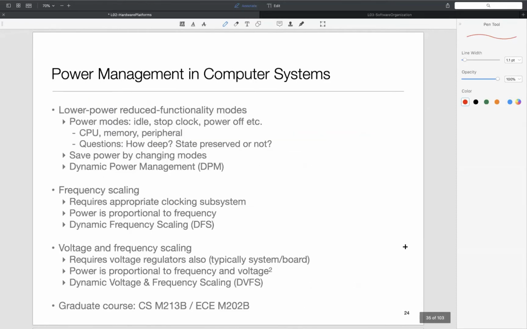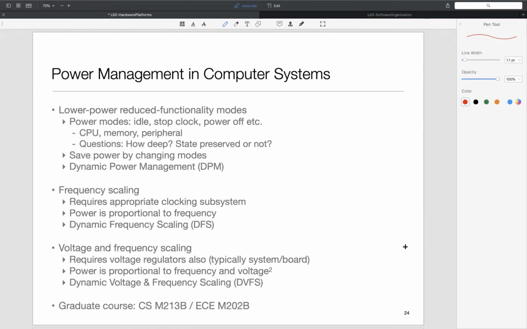And generally your goal is to have acceptable performance, meet the deadlines, while minimizing energy or power. So let me ask you the following. What is more important, reducing power or reducing energy?